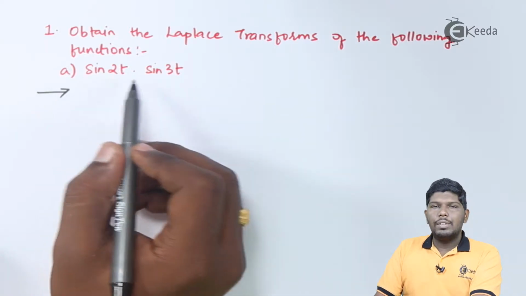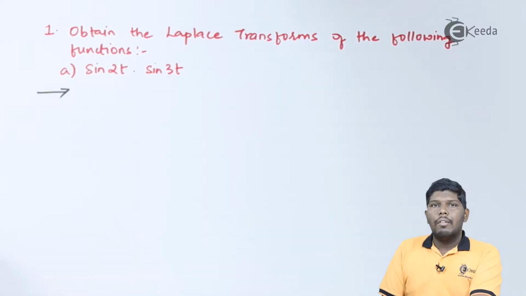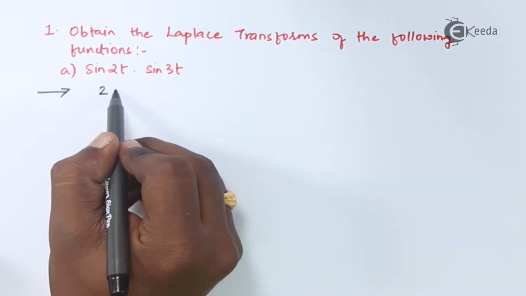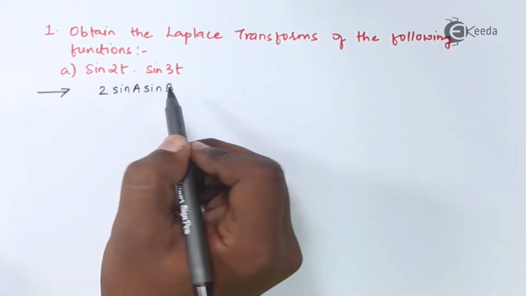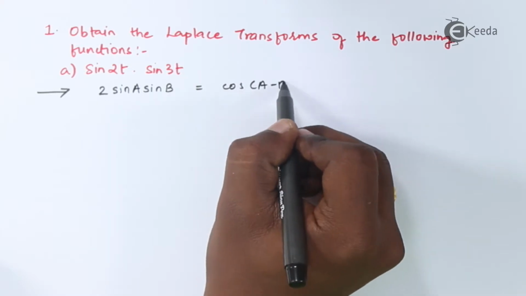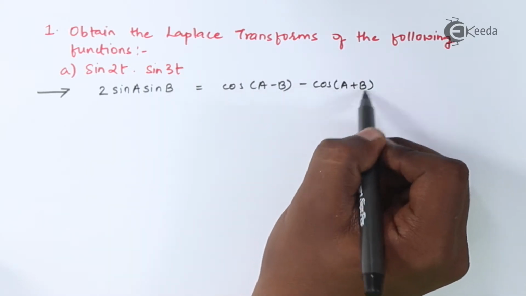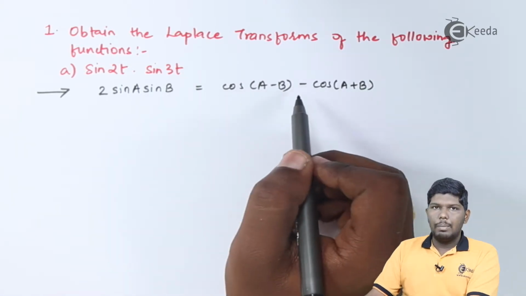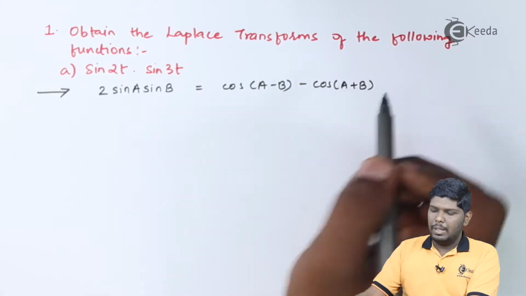In the first case, we have sine 2t into sine 3t. Whenever we have product of sine and cos, or sine and sine, or cos and cos, we need to use the formula 2 sine a cos b or 2 sine a sine b. 2 sin a sin b is equal to cos of a minus b minus cos of a plus b.